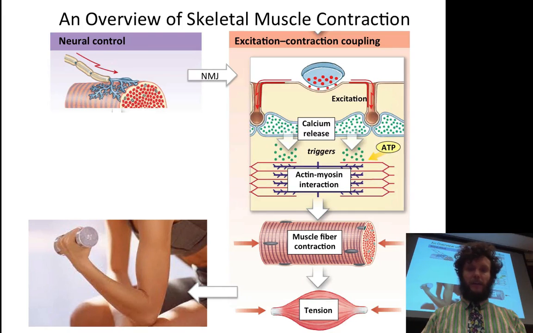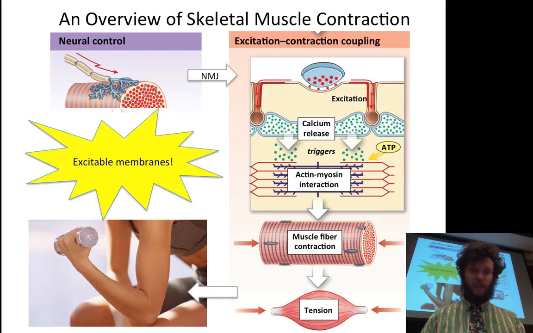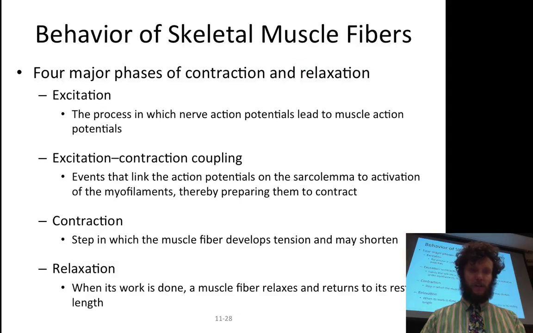Then excitation happens at the surface, there's this process whereby that excitation is transmitted into the cell, contraction happens, and then afterwards the muscle needs to release. This is the power of excitable membranes.